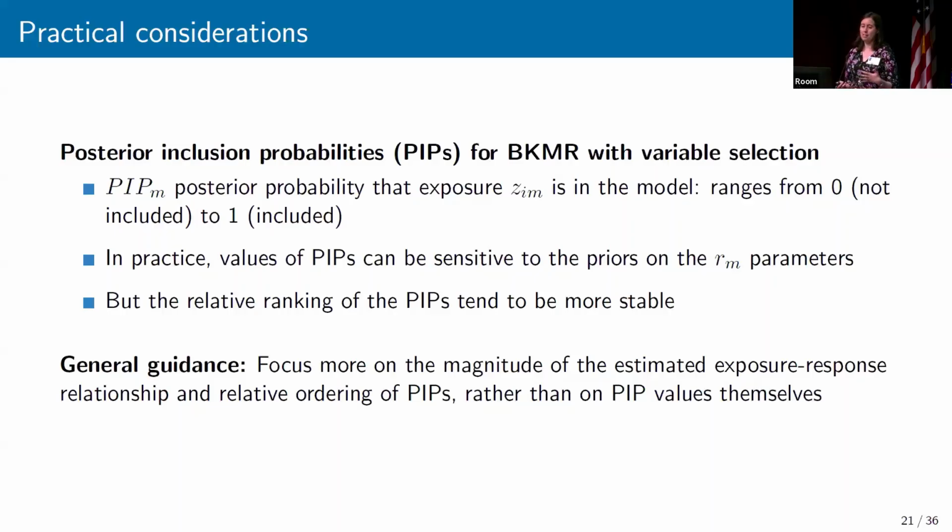But we have seen that the relative ranking tends to be more stable when you change the parameters of the prior distributions. So our thinking has moved beyond just looking at the PIP values for whether the measure should be included, and focuses more on the magnitude of the estimated exposure response relationship as well as the relative ordering of the PIPs rather than on the PIP values themselves. So it's helpful to show them so you can see the relative ranking, but I wouldn't interpret that directly as the probability that it should be included, given that it can be sensitive.